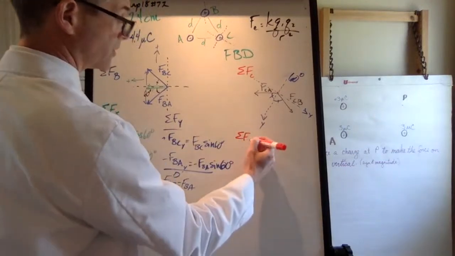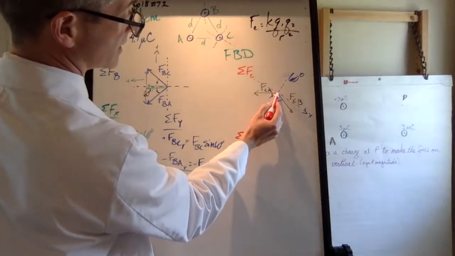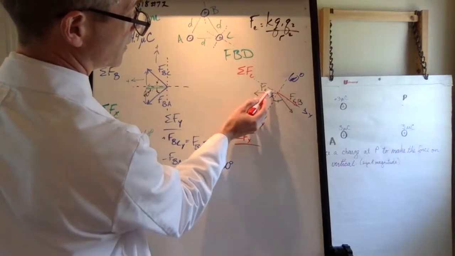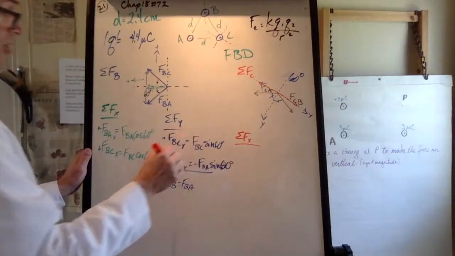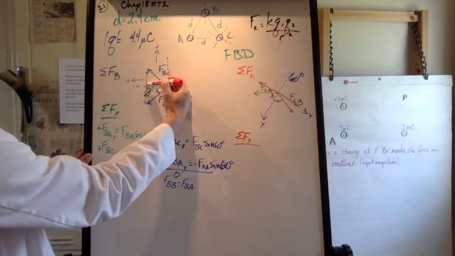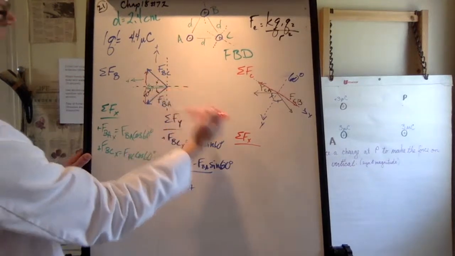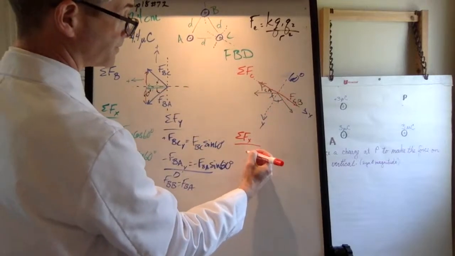The sum of the forces in the X direction is going to be like the sum of the forces over here. That is the equivalent of this one and this one. I have them pointing in opposite directions. That's going to end up being 0.